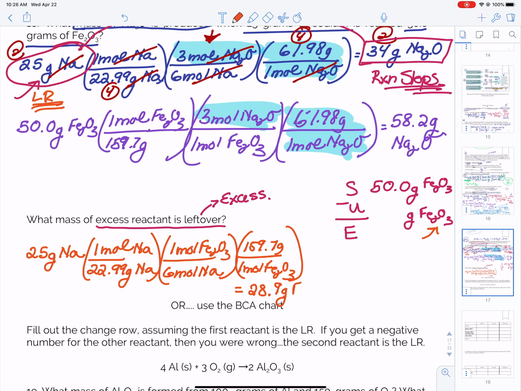So when I calculate that, I get 28.9 grams of Fe2O3, or excuse me, that's how much I'm going to use. So this is going to be minus 28.9. Now actually do the subtraction here, and I will get 21.1 grams of Fe2O3 left over.